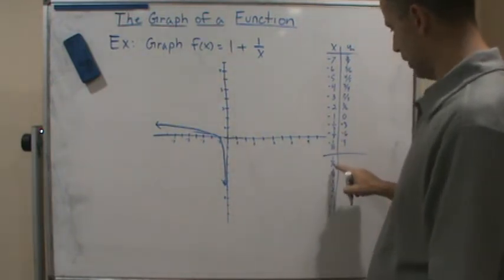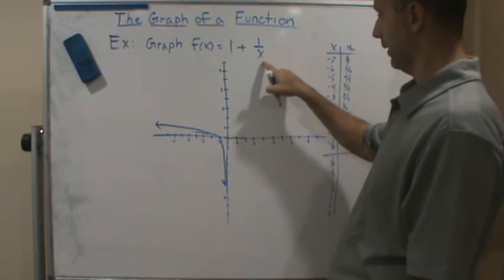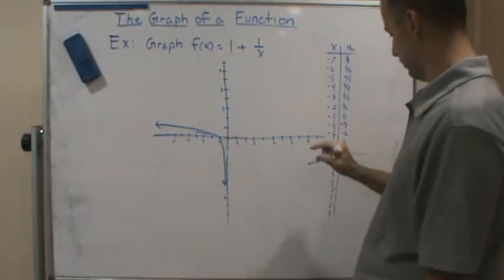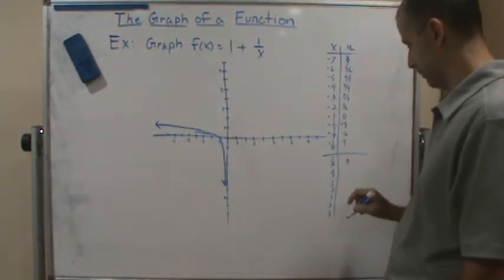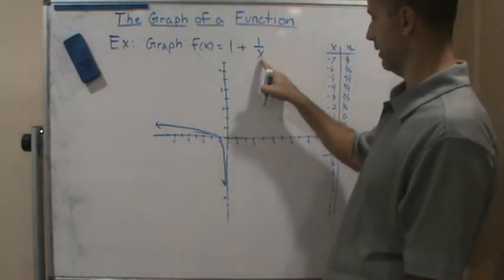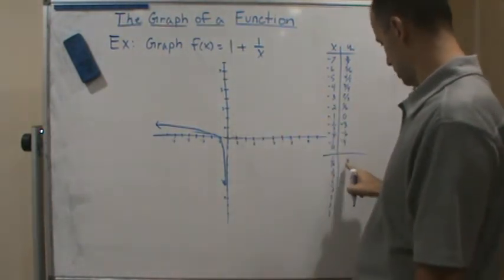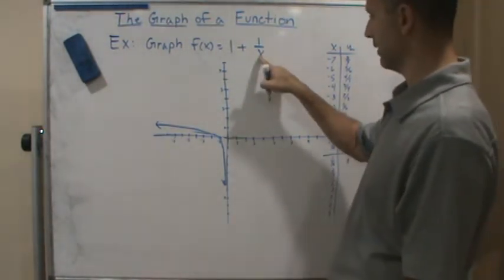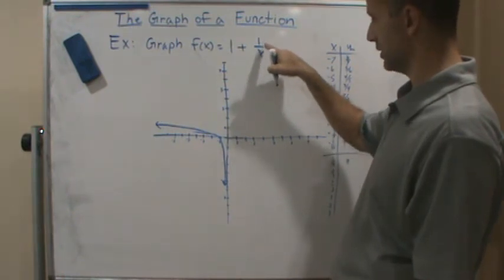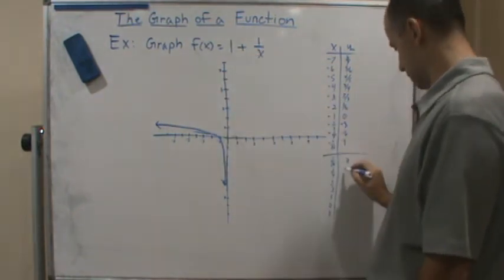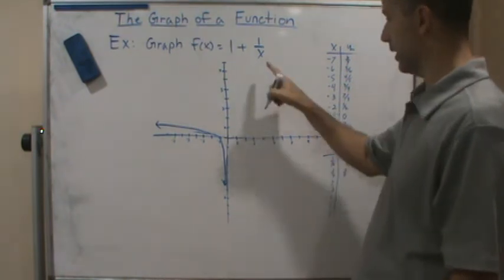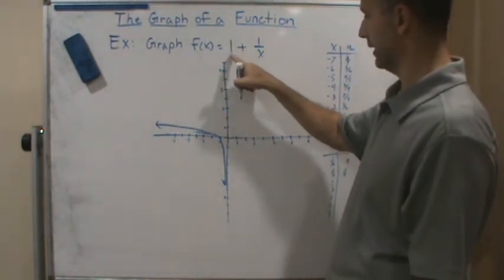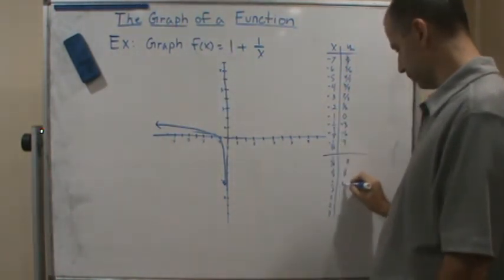If I put in 1/10 here, then I get 1 plus 10, which is 11. If I put in 1/7 here, I get 1 over 1/7, which is 7, so then I get 8. Likewise, with 1/3, I get 4.